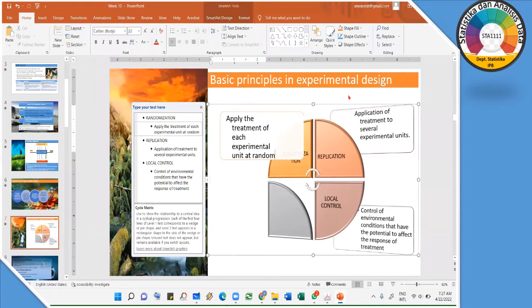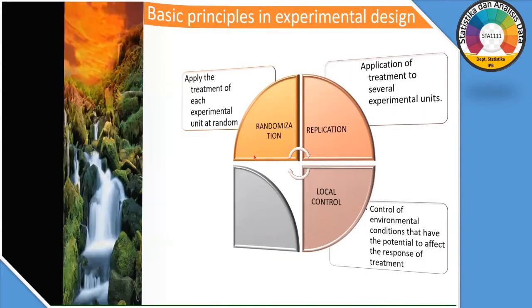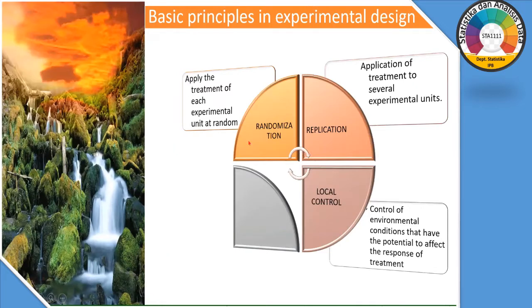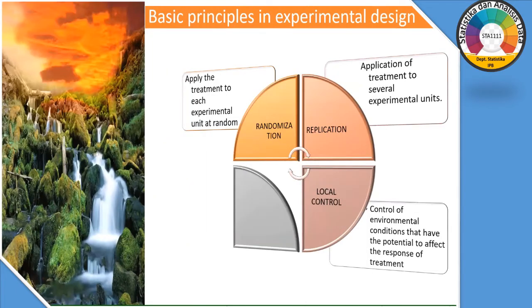So not subjective, because we apply the treatment to each experimental unit at random, right? So let's say which dose will be applied to which experimental unit should be arranged at random. So we apply the treatment to each experimental unit at random, right? So this is the first basic principle. We call it randomization.